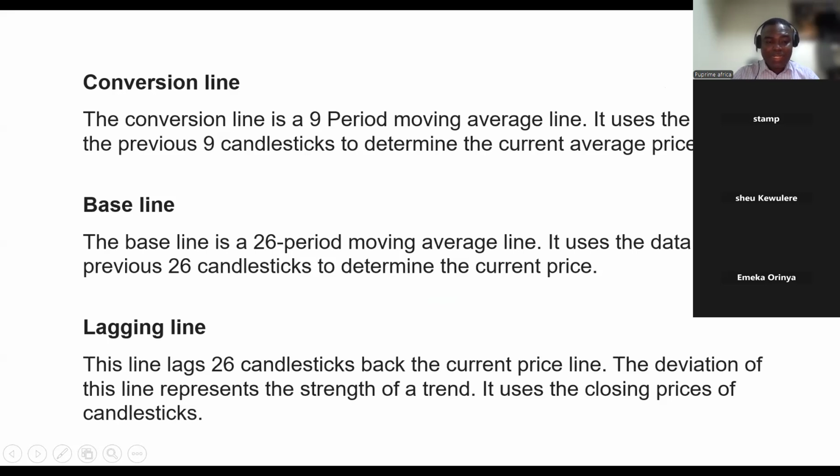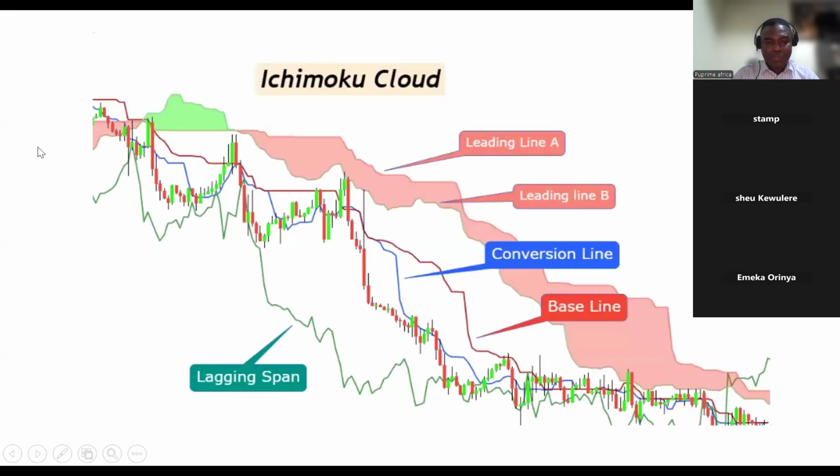This line lags 26 candlesticks back the current price line. The deviation of this line represents the strength of a trend. That's the momentum or the volatility. It uses the closing prices of the candlesticks. Let's flip back again. We have this as the conversion line, the baseline, and the lagging span.